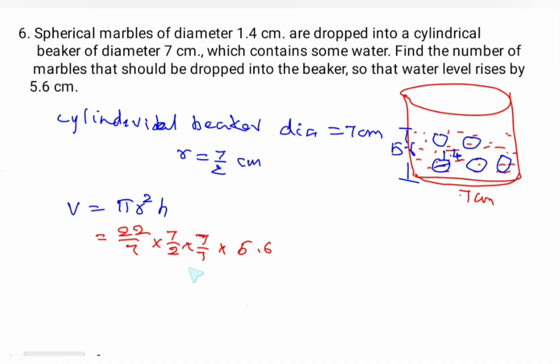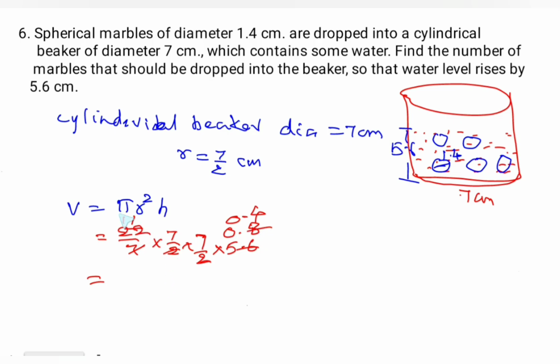Now this 1 by 2, 7 by 2 into 5.6, this equal to 7 8s are 56, so 0.8 times is 5.6. So now 2 11s are 22, and 2 0.4 times is 0.8.